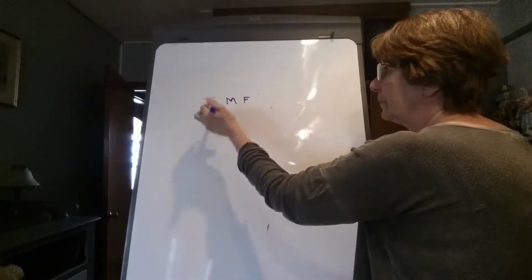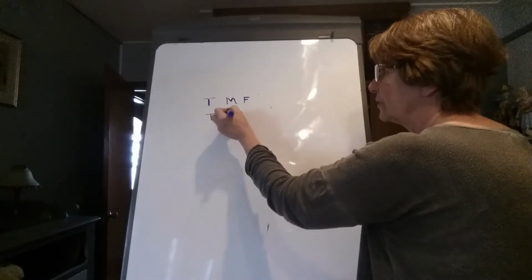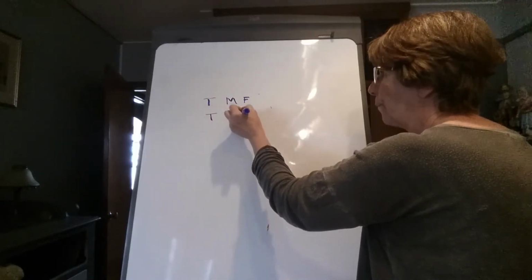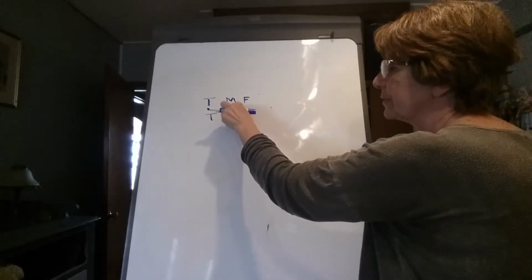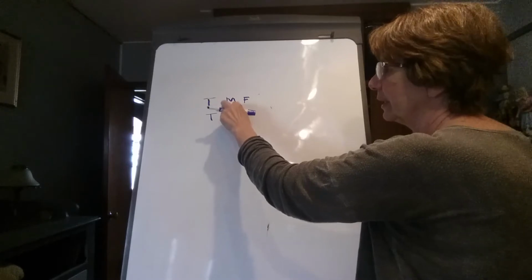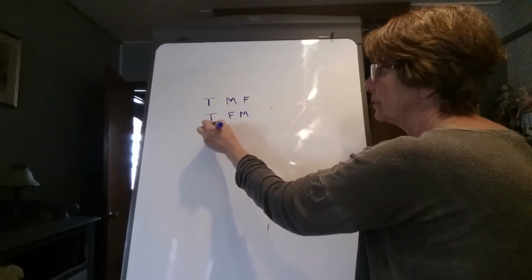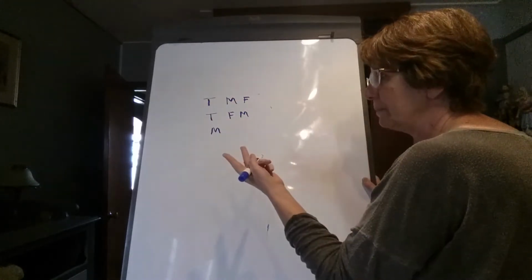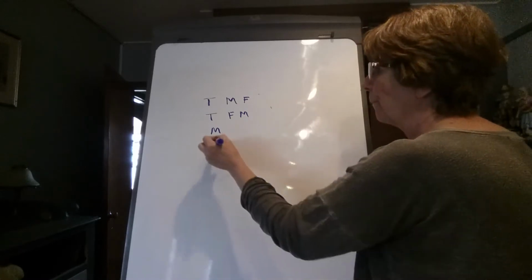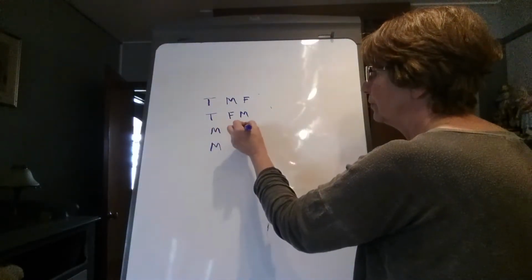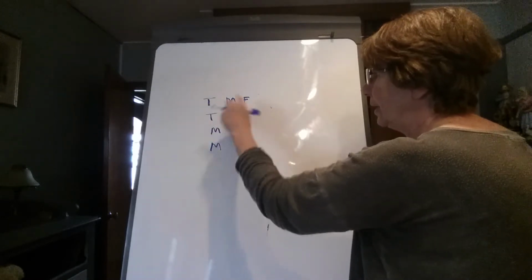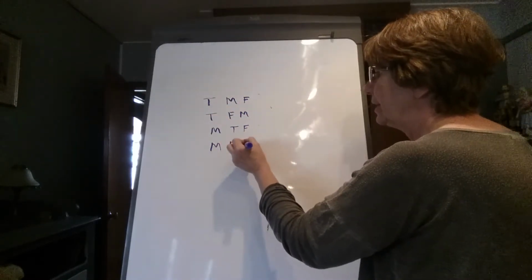And then you just flip these two, keeping Texas first. Okay? Now, I always go back to my first one and I go, okay, I'm going to use this one first now, which is Maine. There's going to be two possibilities for Maine. Maine, Texas, Florida. Maine, Florida, Texas.